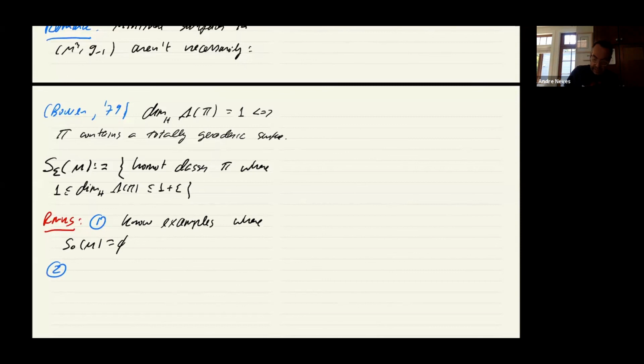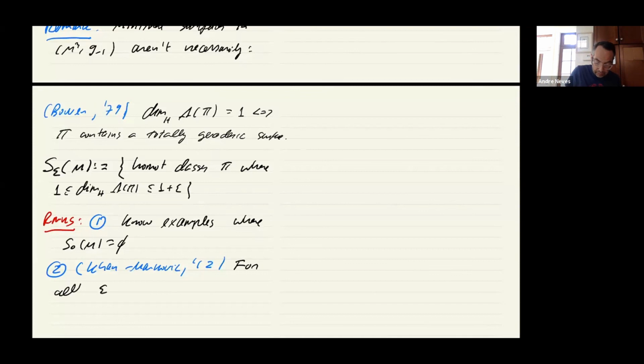But the second remark is a theorem of Kahn-Markovich from some years ago, and it says that the set we consider has infinitely many elements for any epsilon positive, and they actually count them in some suitable way. For all epsilon positive, the cardinality of this set has always infinitely many elements.